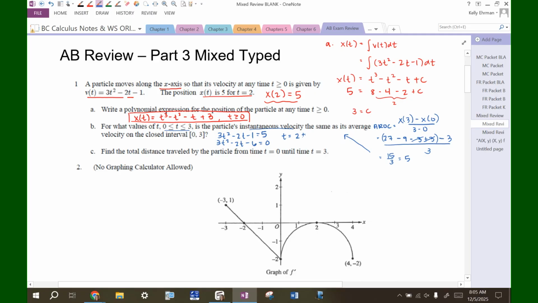So positive 2 plus or minus the square root of 4 minus, that's 2 squared, so 4 minus 4 times 3 times negative 6, all over 2 times 3. 2 plus or minus the square root of, so this is 4 plus, what is 12 times 6? 72. 4 plus 72.